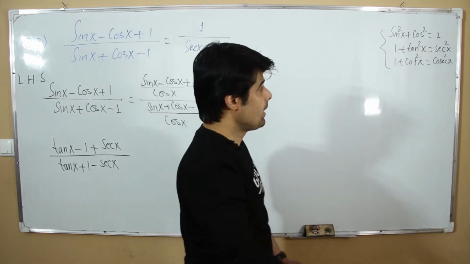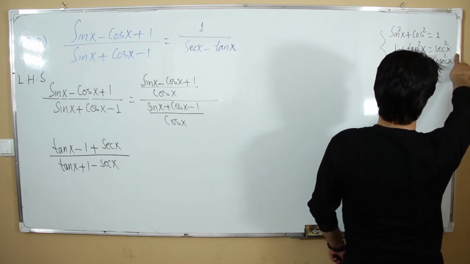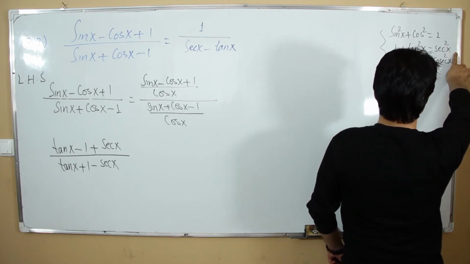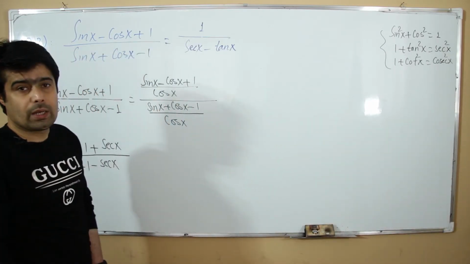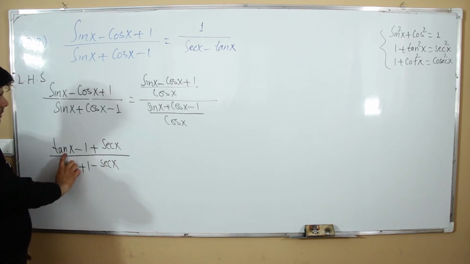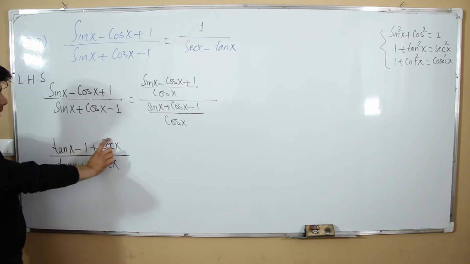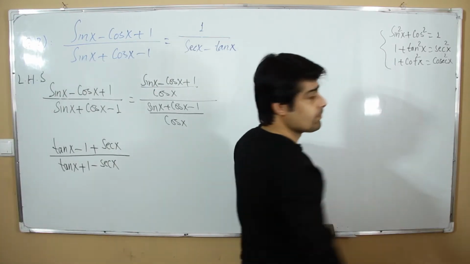It means if we have secant square and I put tangent square to the RHS, secant square minus tangent square, we can put 1 instead of that. It means if we have a way in which we have the squares of tangent and secant, I can put this number.